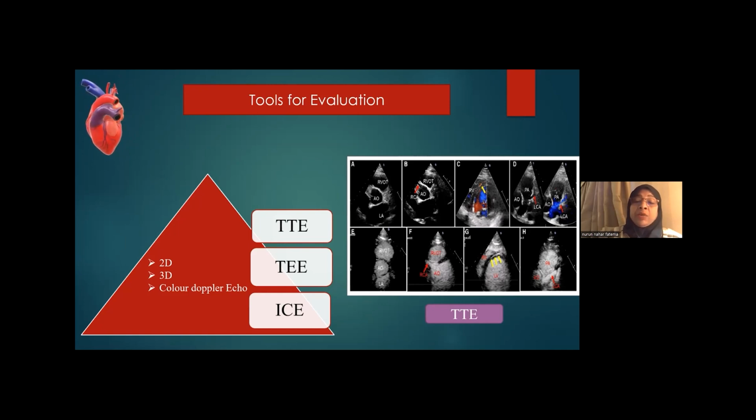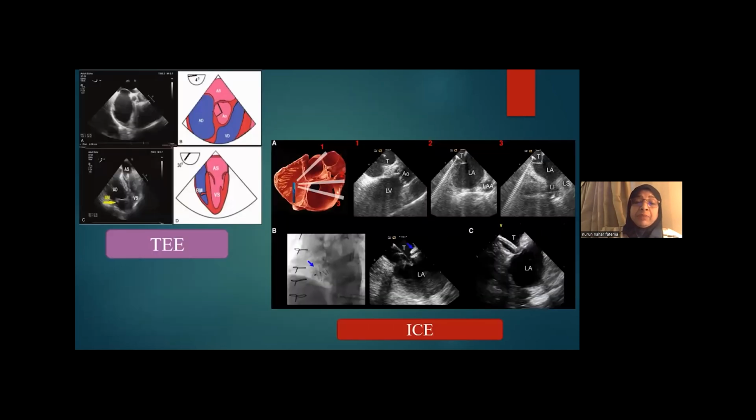The echocardiography modalities are transthoracic echocardiography and transesophageal echocardiography. And nowadays, even intracardiac echocardiography is available. During device closure, many advanced laboratories take the assistance of intracardiac echocardiography. So this is the transesophageal echocardiography.